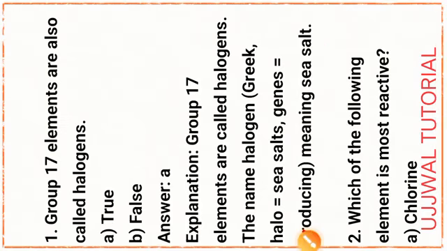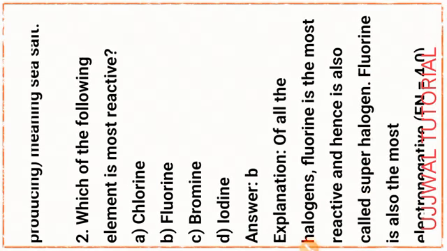Next, question number 2. Which of the following elements is most reactive? Option B, that is fluorine. Explanation: of all the halogens, fluorine is the most reactive and hence is also called a superhalogen.